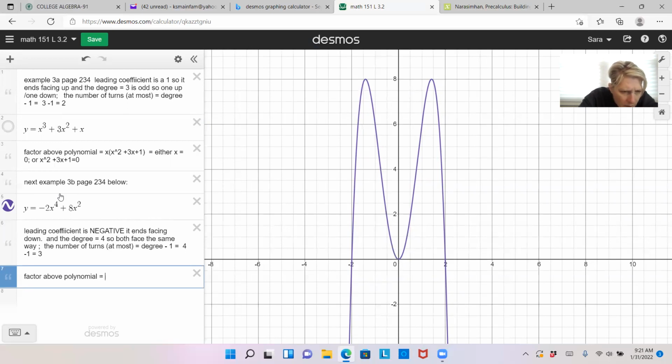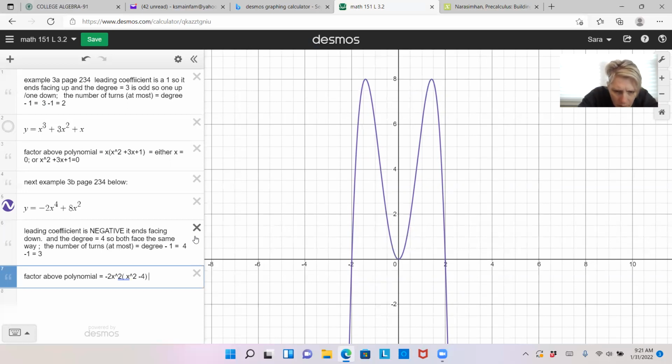And when we factor it, we can take out a negative 2x squared, right? And when we do, we have x squared minus 4.